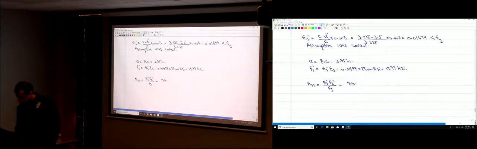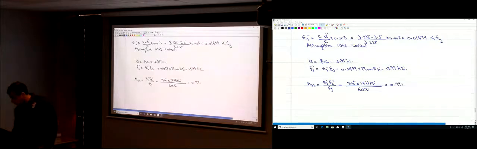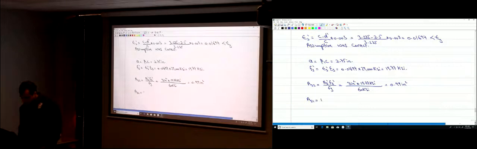So that's 3 inches squared multiplied by 19.77 KSI divided by F yield, which is 60 KSI. So area steel 2 is 0.99 inches squared, and area steel 1 is the area steel minus area steel 2. So it's 3 minus 0.99, so it's 2.01 inches squared.